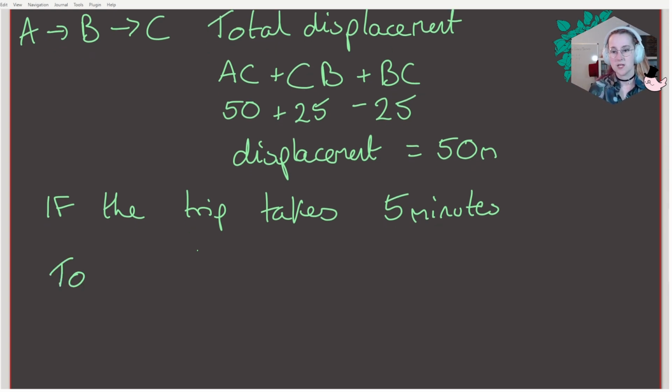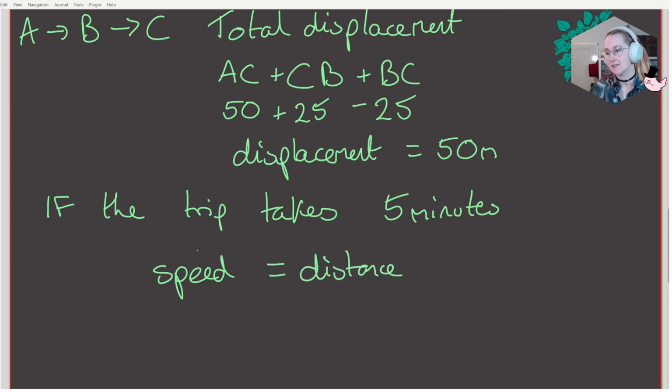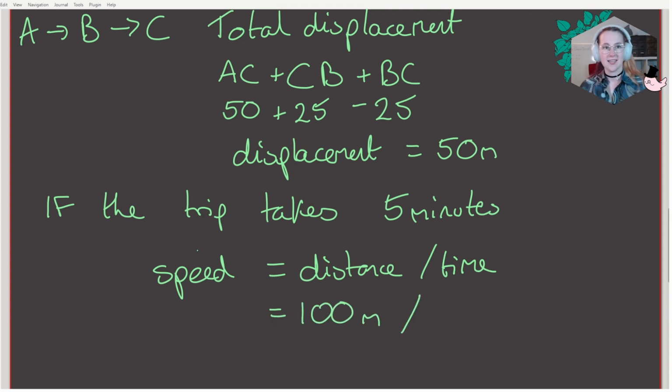So total speed, or net speed, is distance over time. So it's 100 meters over 5 minutes in seconds. So we do 5 times 60, which is 300 seconds.